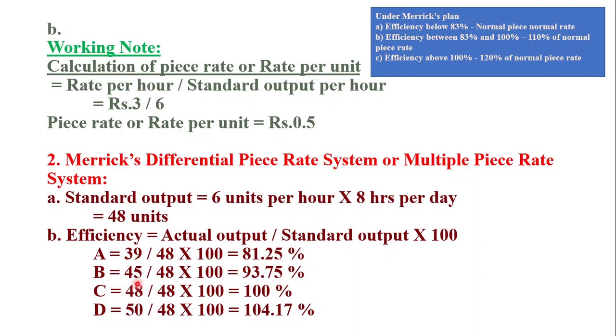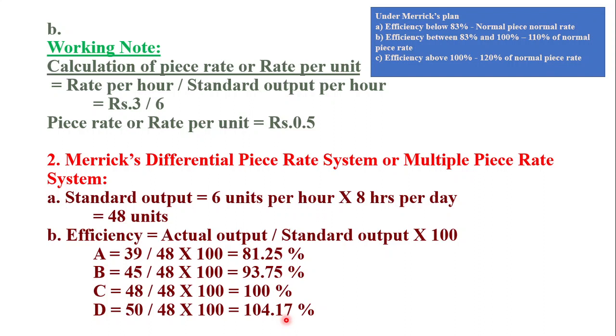B, 45 divided by 48 into 100, 93.75% is the efficiency. And C, 48 divided by 48 into 100, 100% efficiency. And D, 50 divided by 48 into 100, 104.17% is their efficiency.